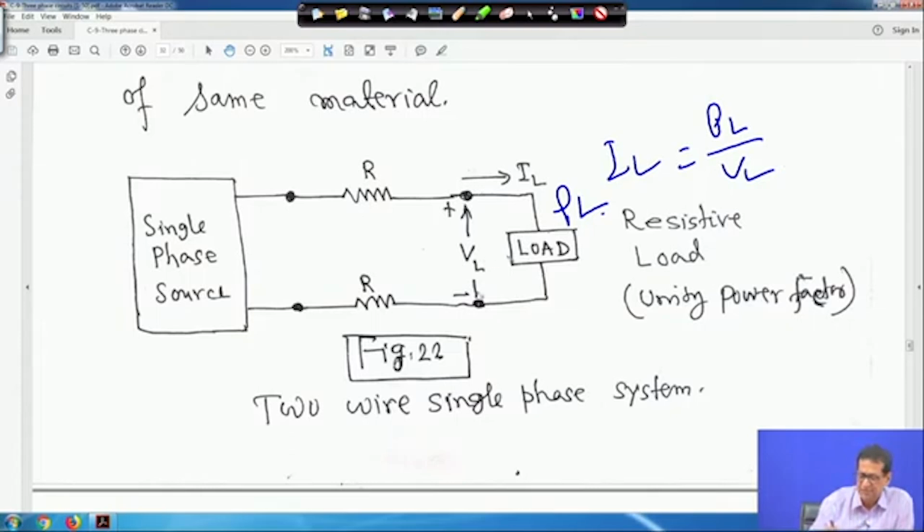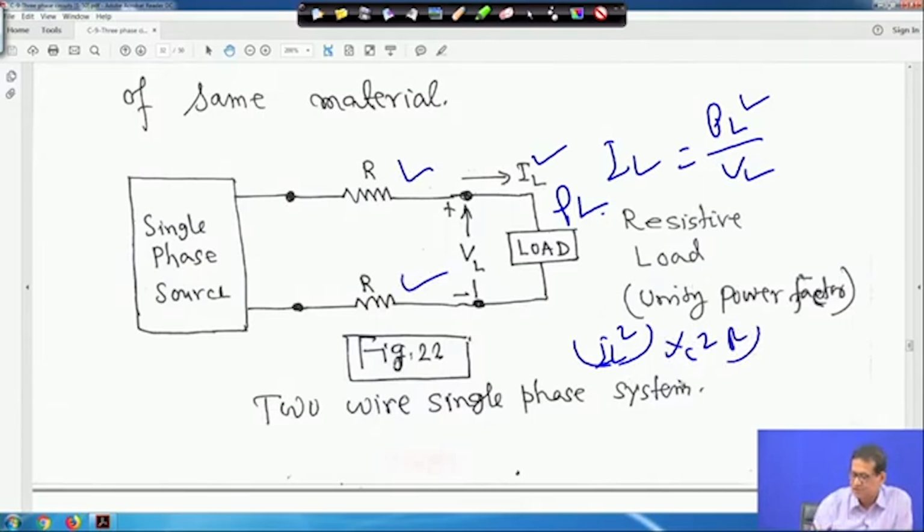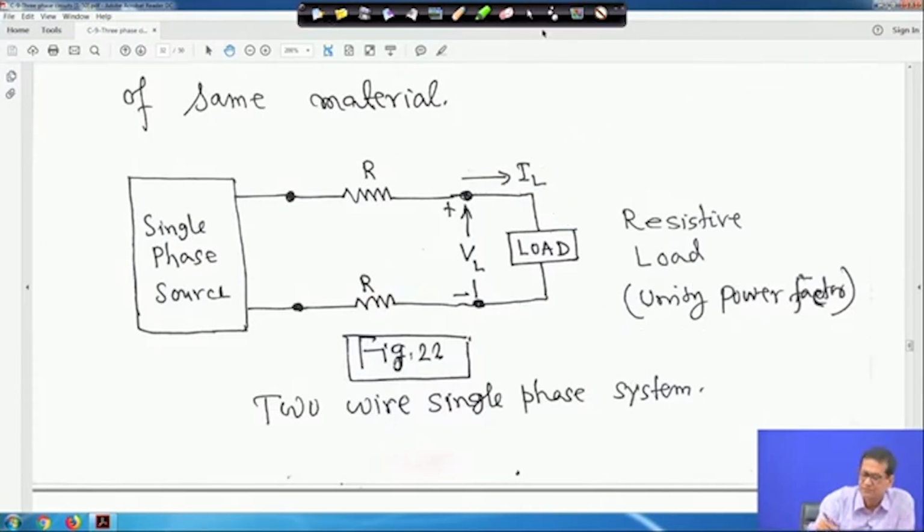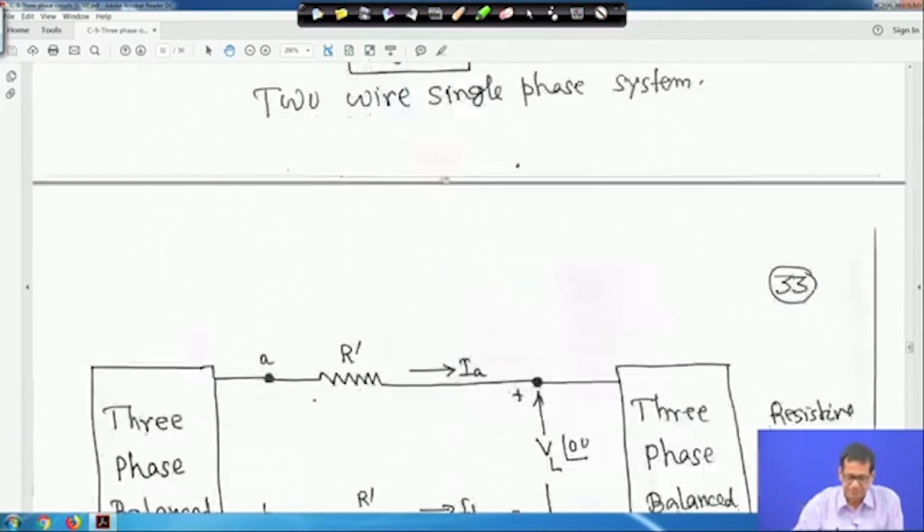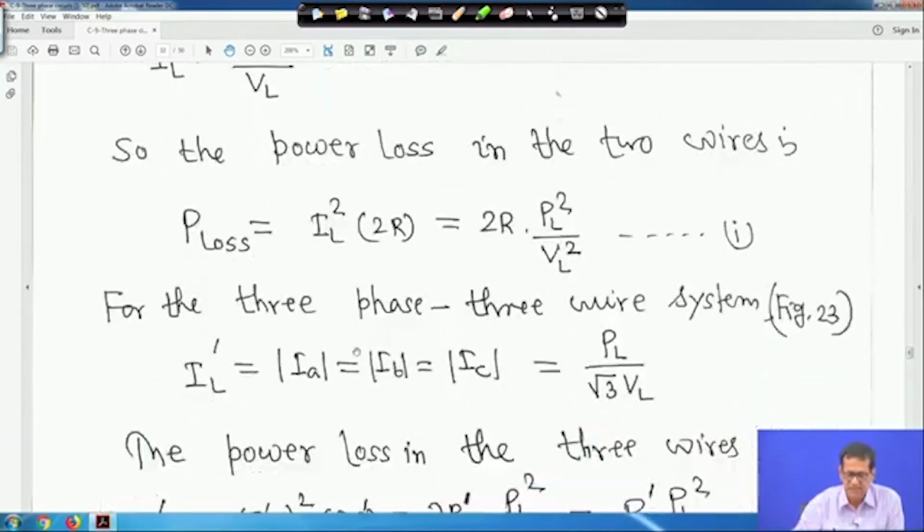If you take VL angle 0, it is a resistive load with no Q, so IL is equal to PL upon VL. Then the power loss will be IL square into 2R, because here it is R and here it is R. Substituting, you get PL square into 2R upon VL square. That is what has been done here. So 2R into PL square upon VL square, this is equation 1.